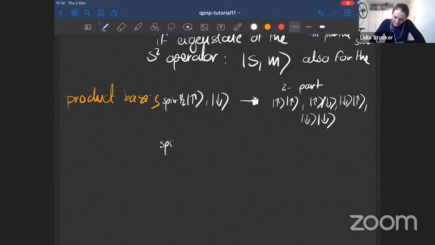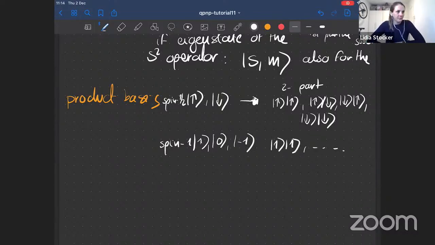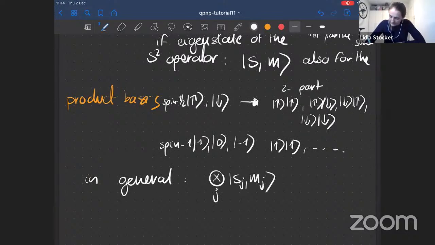For a spin 1 particle, the idea is the same, we have 1, 0, -1, so we will have 1 1, and so on. And we write this, in general, as the tensor product over j of S_j M_j, because for one particle these are exactly the eigenstates of the S2 operator. So this is the product basis of n particles.